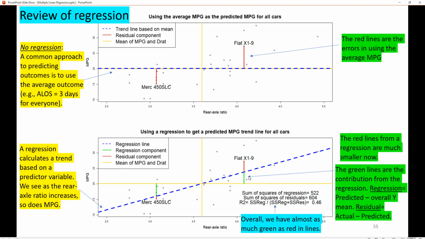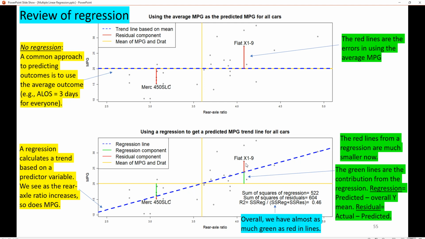We see that what was a bigger residual on the above graphs, say for example on the Fiat, that's a bigger error in that approach of just assigning the overall average to all cars. We see in green on the bottom half, that's the portion of our prediction that has gotten closer because we're using that regression line, which we see as that blue dashed line.